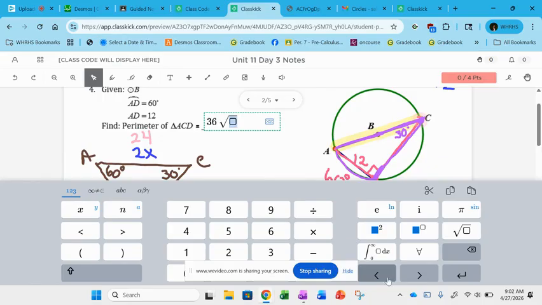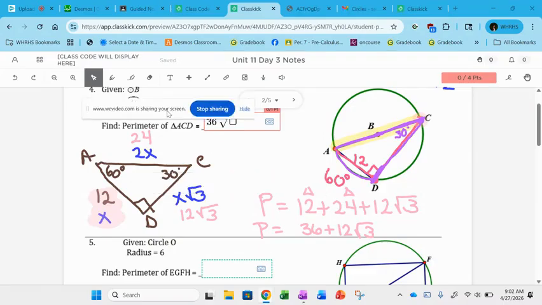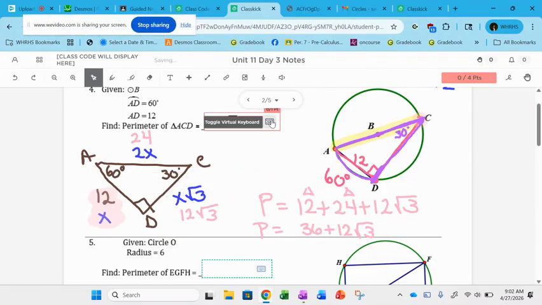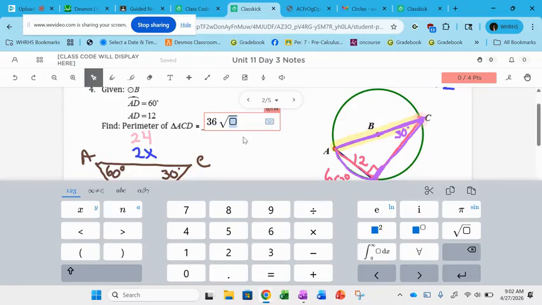Oops, sorry, I messed up. That should have been 36 plus. Try this again. 12 square root 3.